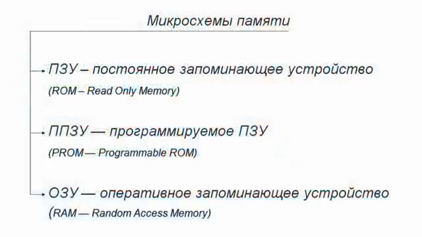Depending on the way the data is recorded and stored, there exist various types of memory chips. Permanent storage, ROM or read-only memory, is used to record data only once, at the stage of manufacturing the chip. This memory is also referred to as the mask ROM. The data stored in the ROM doesn't get erased if the power is disconnected, which is why it is sometimes called non-volatile memory.